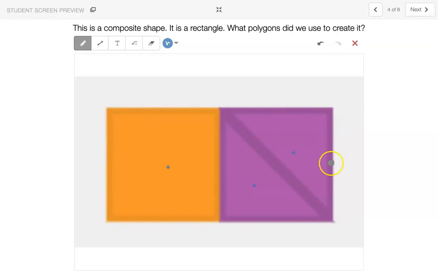These sides are the same length. These sides are the same length. See, I have right angles, right angles. So this is a rectangle. And once again, I created it using a square and 2 triangles. So this is my composite shape. And these other shapes are like hiding inside, like you have to be able to really look for them.